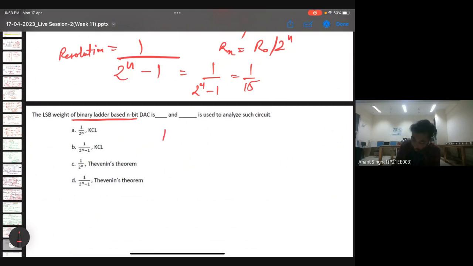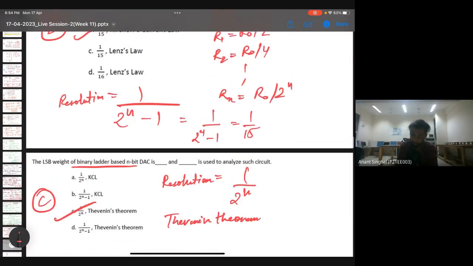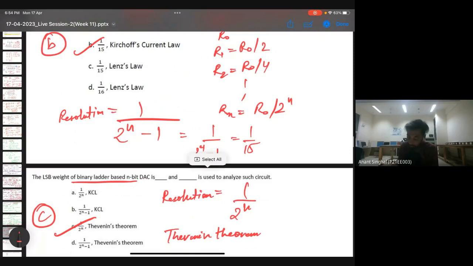The R2R ladder has a resolution we have already covered, 1 upon 2 to the power n, and it works on the principle of Thevenin or KVL, you can say. So the correct answer is option C. So these are the basics of this 4-bit DAC, binary weighted, and R2R ladder network.